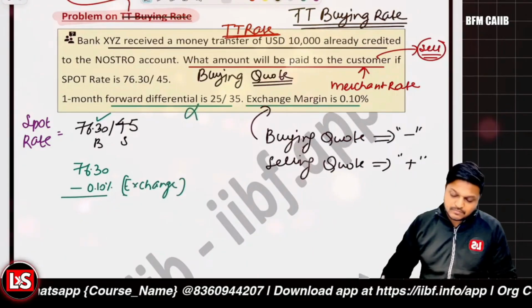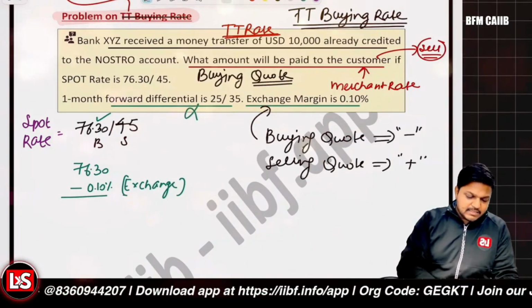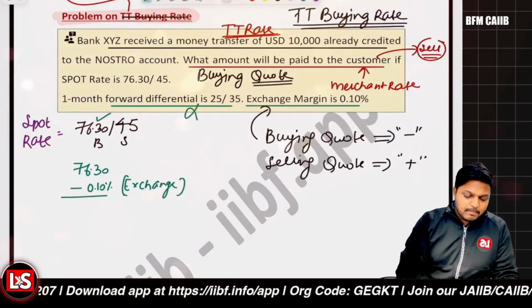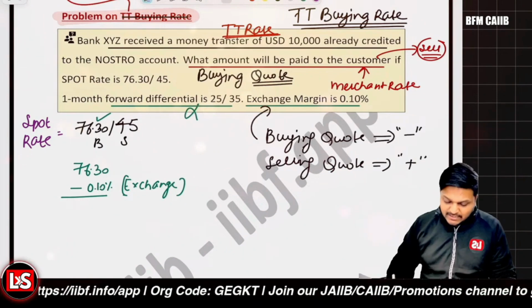So in this scenario, we are to subtract it. It is 76.30 minus 0.1%, that is 76.2237.